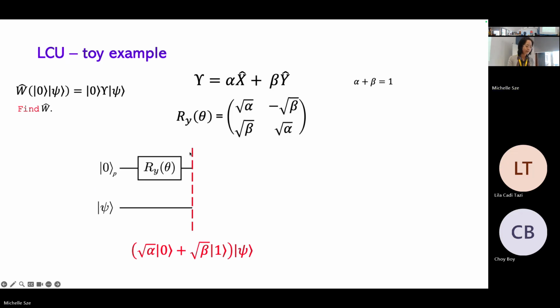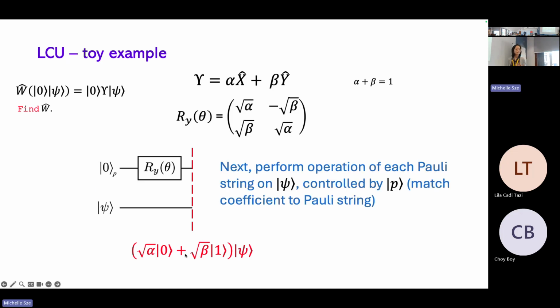Then we perform the unitaries controlled by the ancillary register, where the activated bit string is matched to the Pauli string.